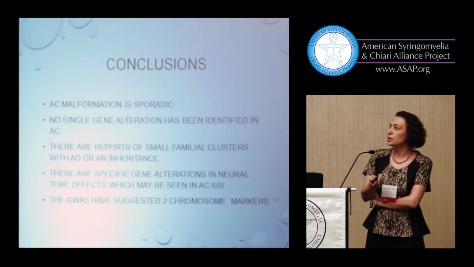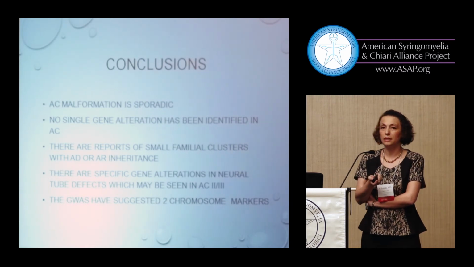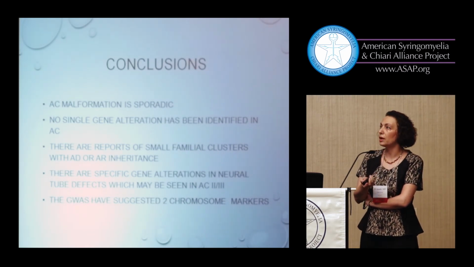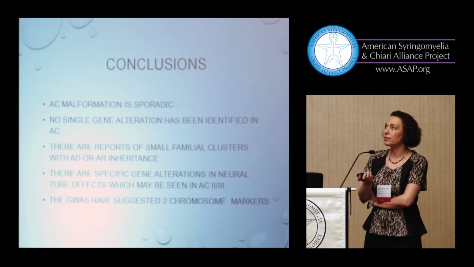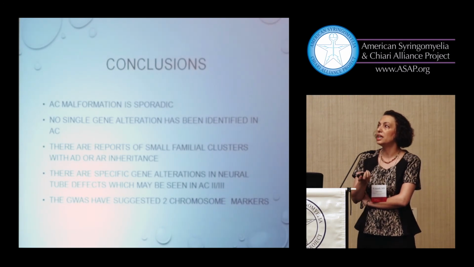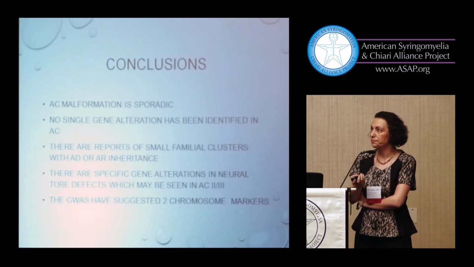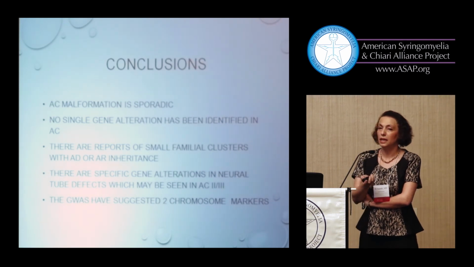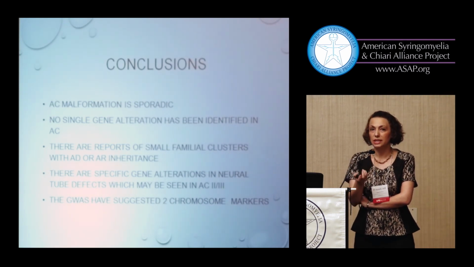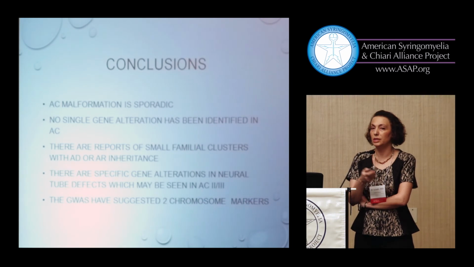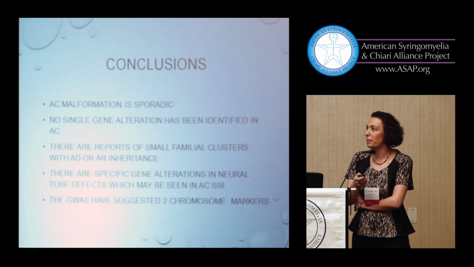So in conclusion, based on what we know so far, Chiari malformation is sporadic. There is not a single gene alteration that has been identified. There are reports of familial clusters, and in terms of pattern of inheritance, they seem to follow autosomal dominant or autosomal recessive patterns.